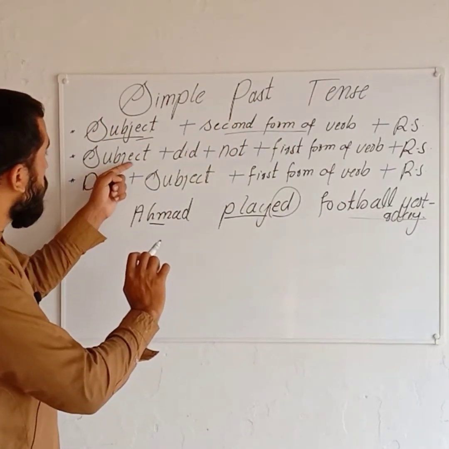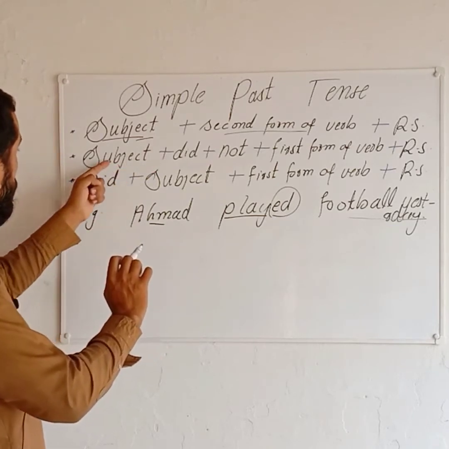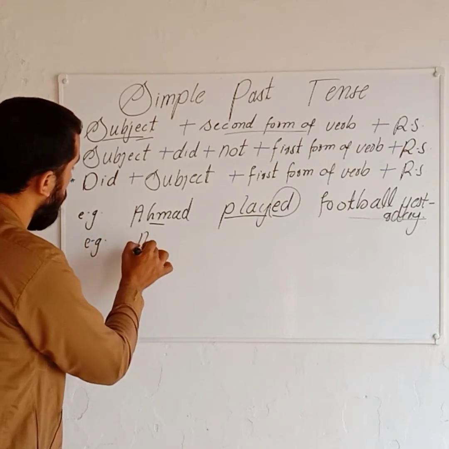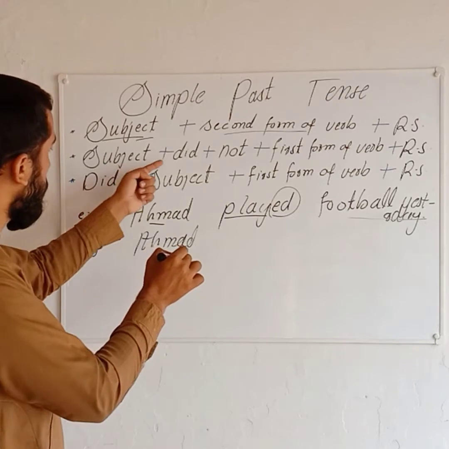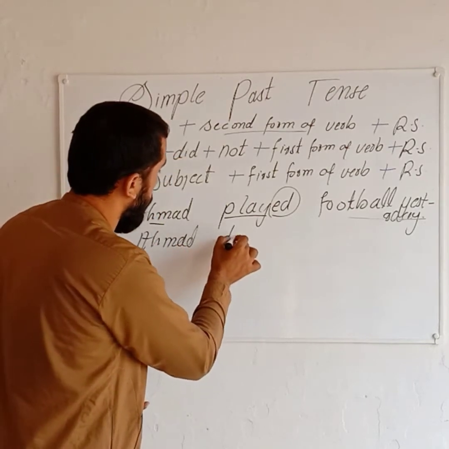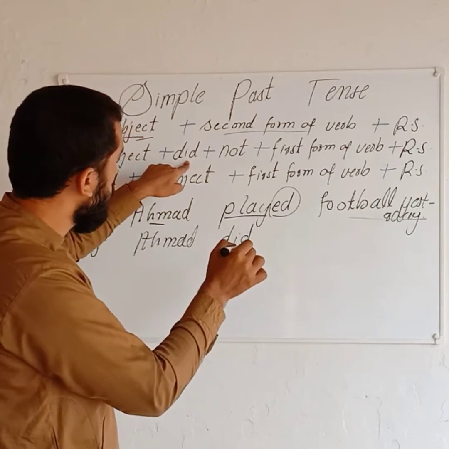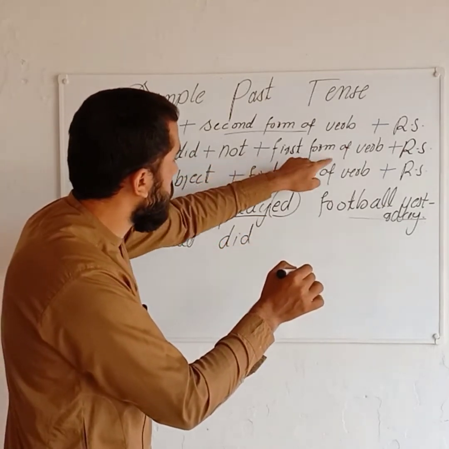If you want to change this one to negative, we follow the second structure, the negative structure. We can say Ahmad, again the subject, and then did. After did, which is an auxiliary verb, we need to use first form of verb.